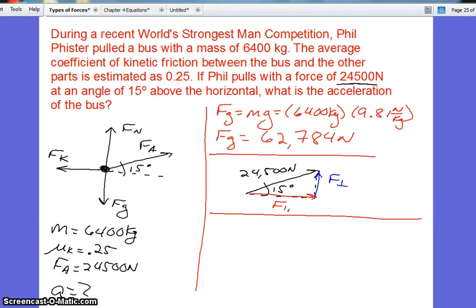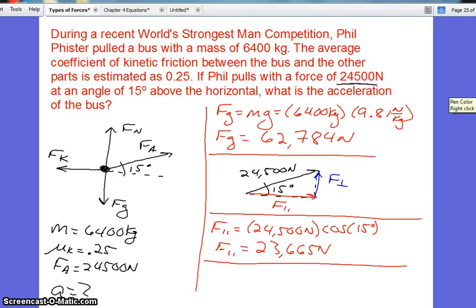Because it is the adjacent side, we say that the parallel component is going to be the hypotenuse times the cosine of our 15 degrees. And we get the parallel component comes out to be 23,665 newtons.